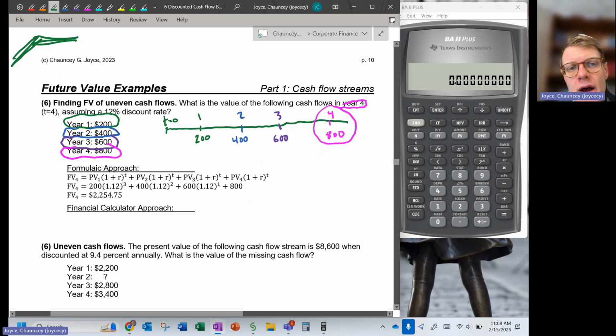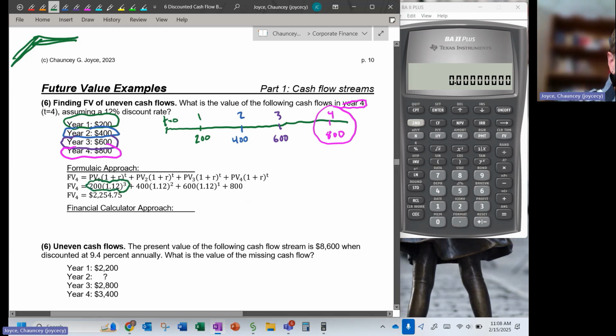It does not compound 4 times because you receive it in 1 year, so it only compounds 3 times. If this is today, there's no cash flow occurring today. In 1 year, you receive 200, and you're able to compound it once, twice, 3 times up until time 4. Most students the first time they learn this will think that it is 4 times, but that first cash flow only gets to compound 3 times.